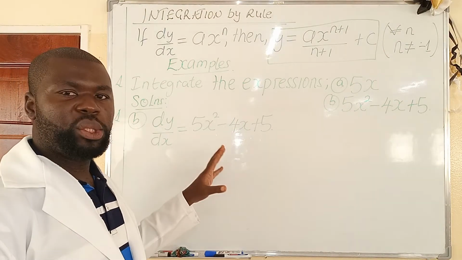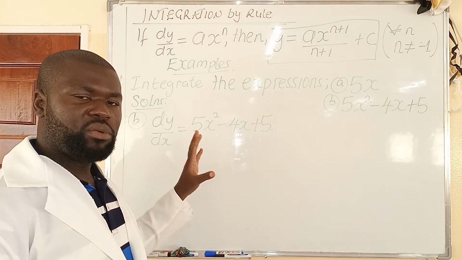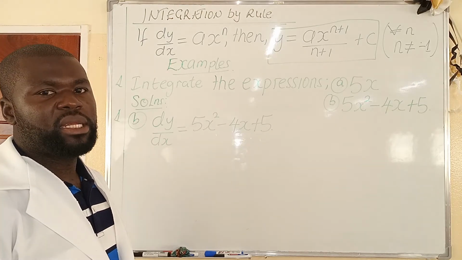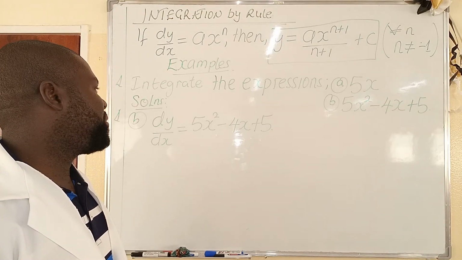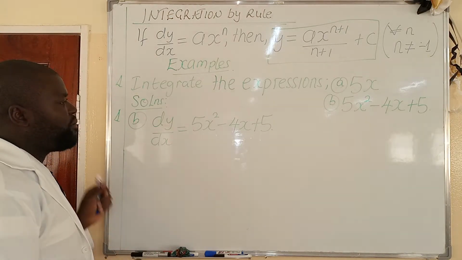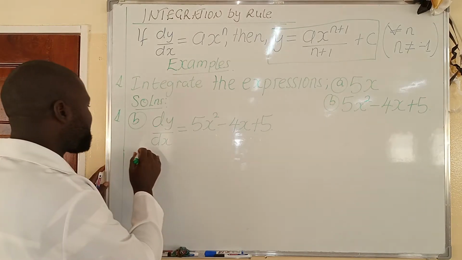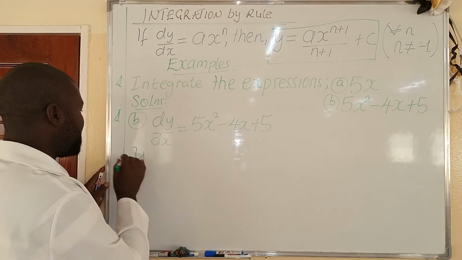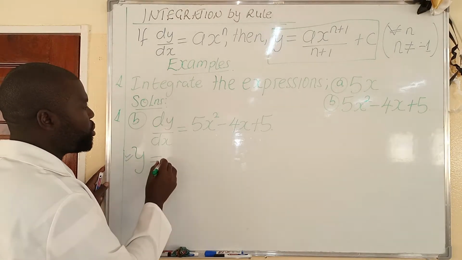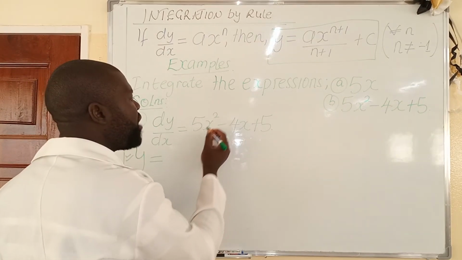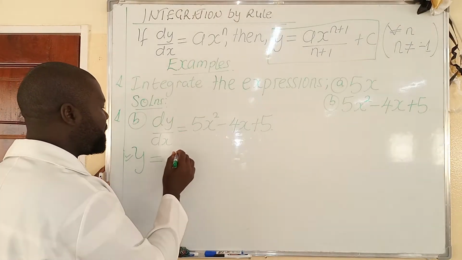So we need to apply the rule on each one of the terms in the expression, in the gradient formula. So we shall say y is equal to, so we apply our rule here.